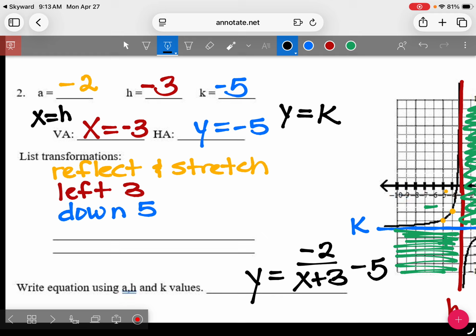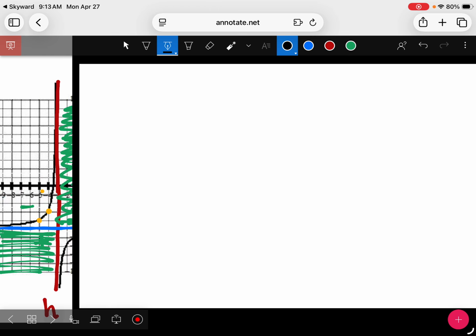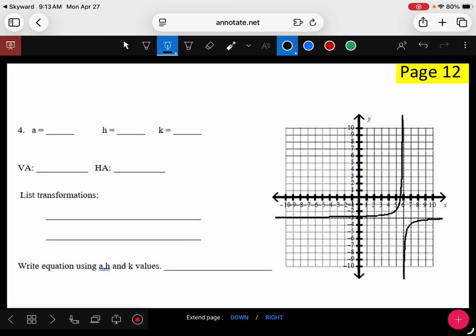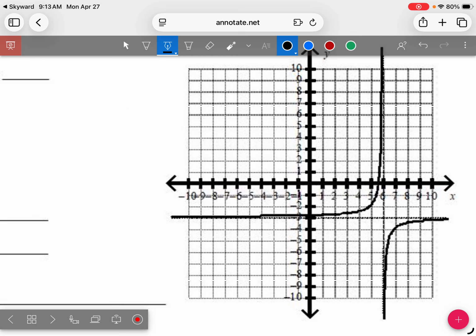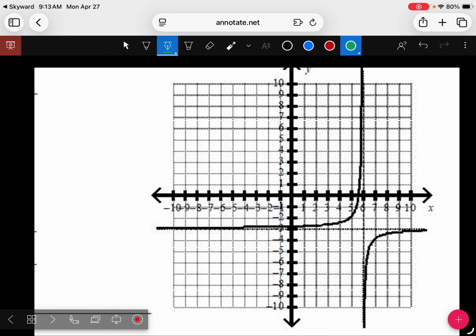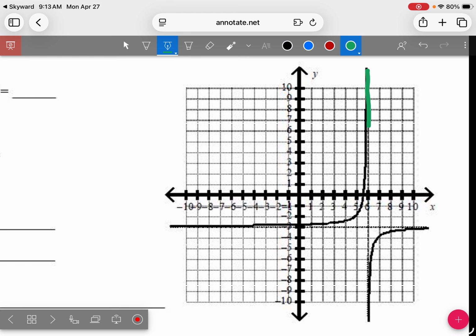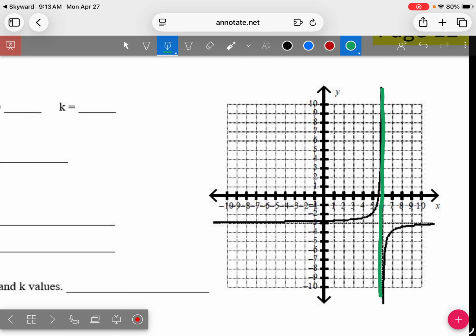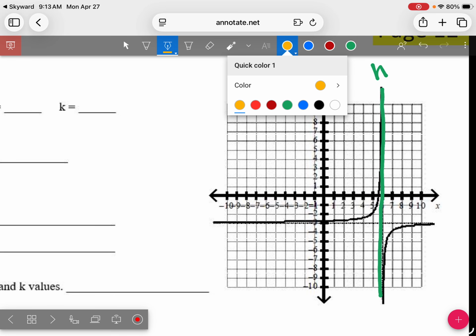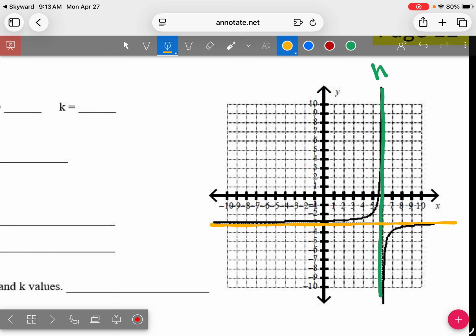All right, let's look at number 4. First thing first, let's trace our asymptotes. The vertical one is H. The horizontal one is K. Do you just follow that line?